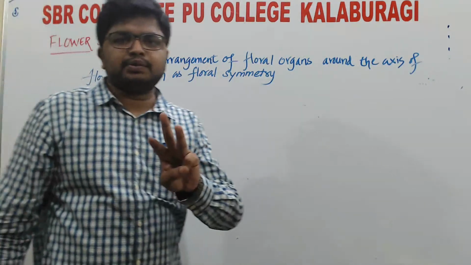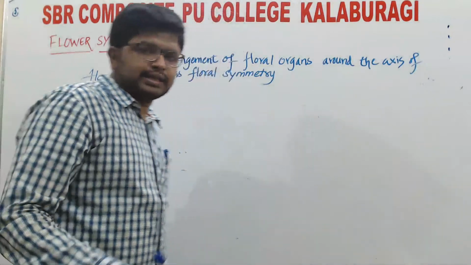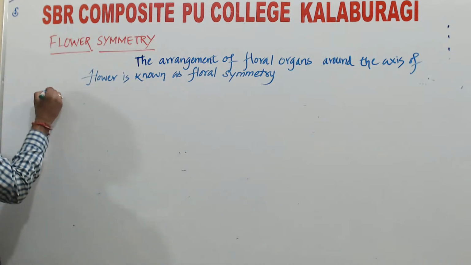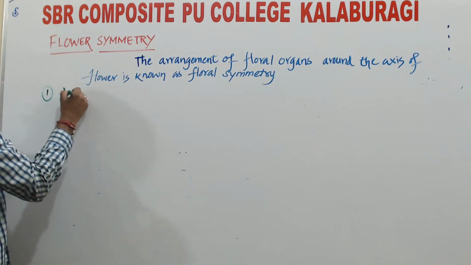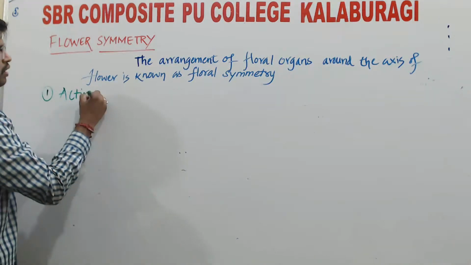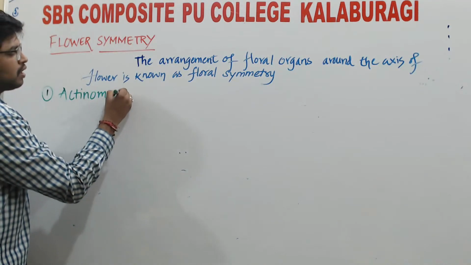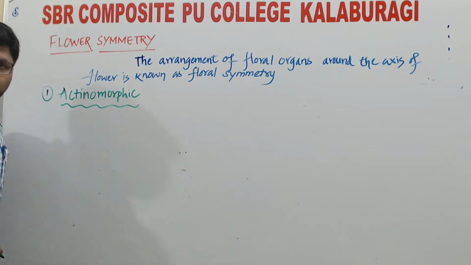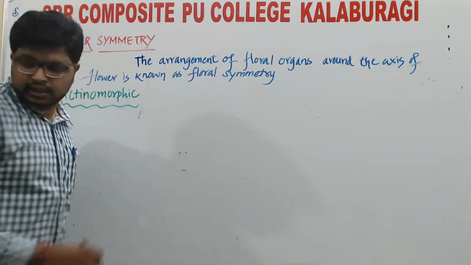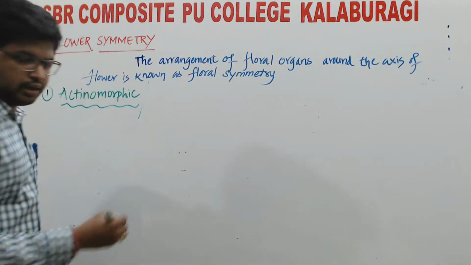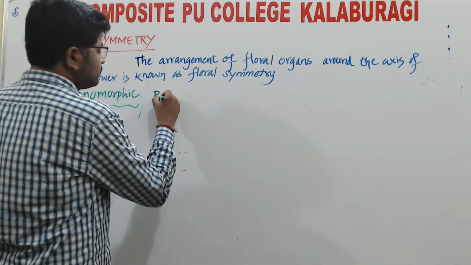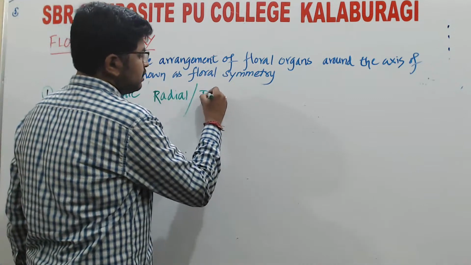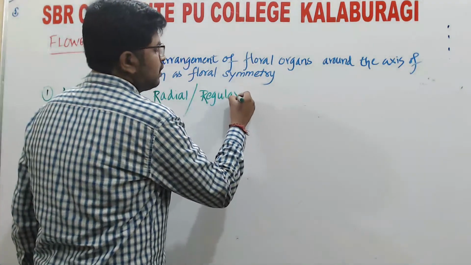Generally, there are three types of floral symmetry that we observe. Let's understand them. The first one is actinomorphic, or you can call it radial or regular.